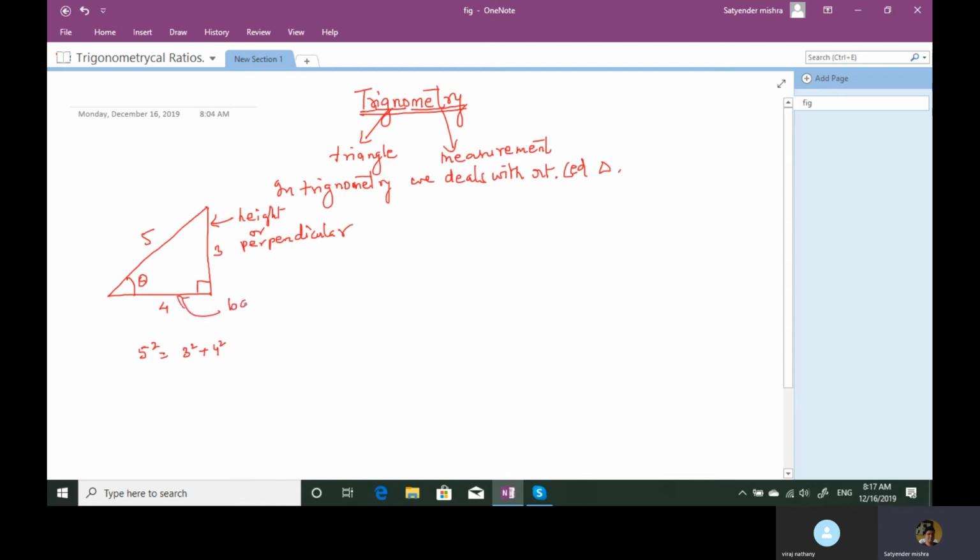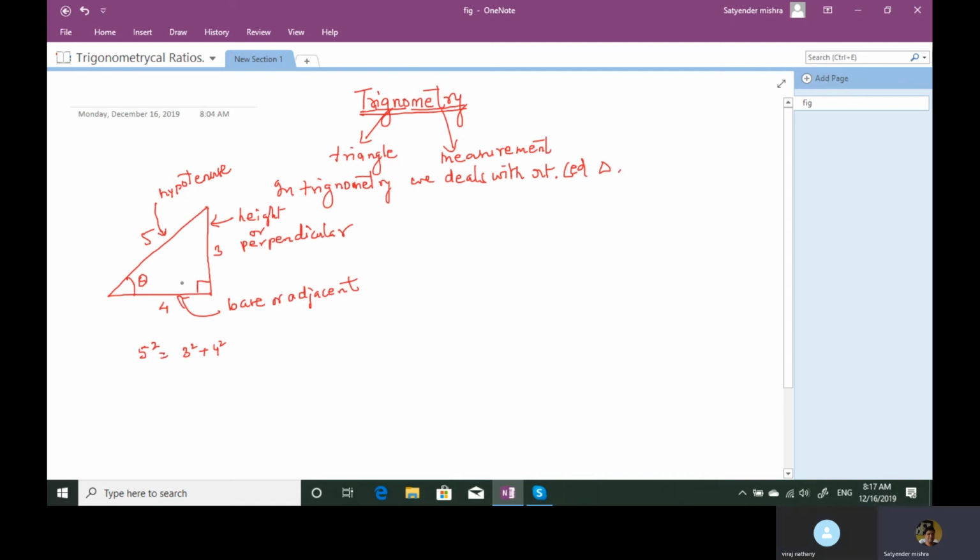This part is called base or adjacent. And this part is called hypotenuse. This is what we have learned from our geometry classes, right?